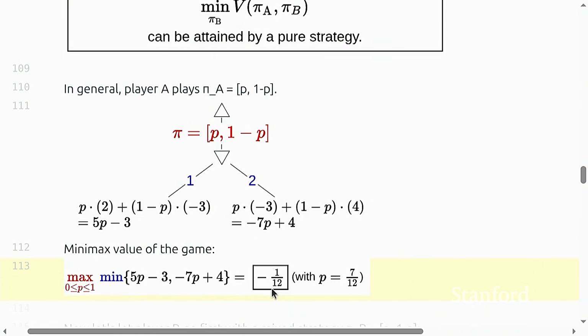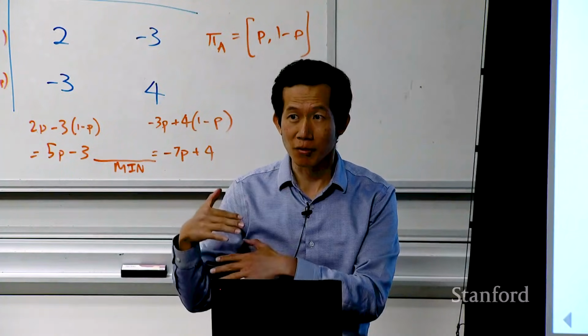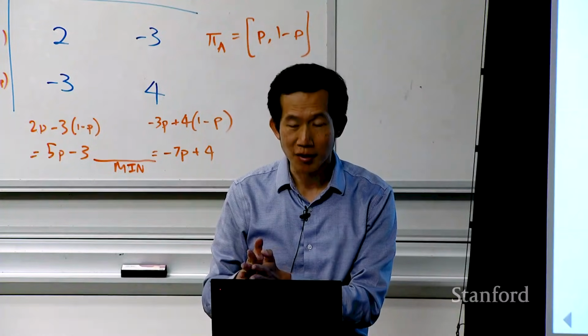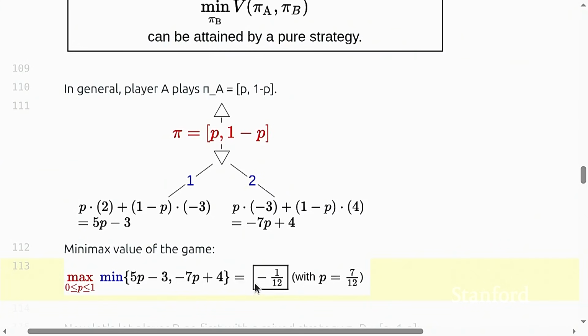Okay, so a bit of algebra, but the upshot here is that we are still making this turn-based, where player A goes first with a mixed strategy, and player B goes second with a mixed strategy, which can also be a pure strategy because they're going second. And then we compute the minimax value of the game, which is minus 1/12, where player A is playing 7/12.